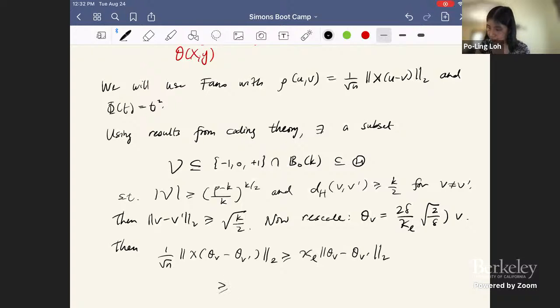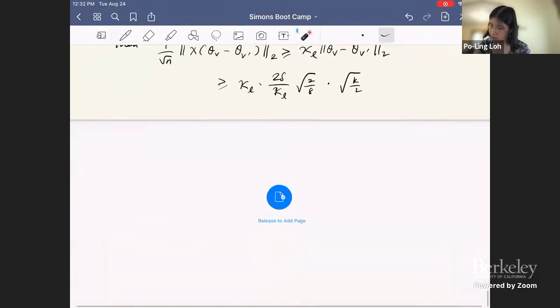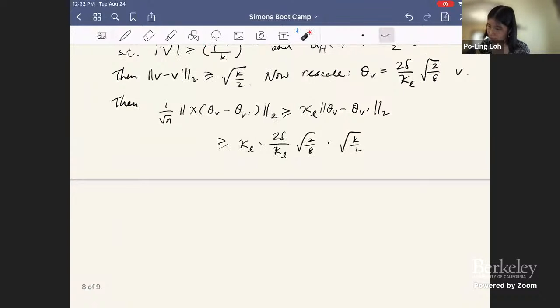And this is in turn lower bounded by kappa L times, well, I have my rescaling, 2 delta over kappa L times root 2 over delta, and then the separation here was square root of K over 2. Okay, so that comes from this guy, goes over there. So if I chose everything correctly, sorry, there's a misprint here. There should be a K, so that the K goes away. And altogether this is 2 delta. Good, so everything is 2 delta separated.